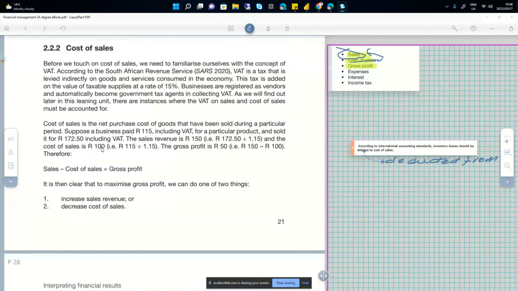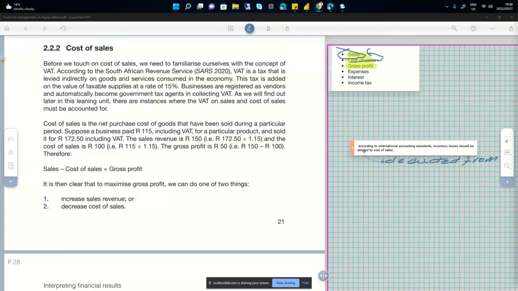So to know, if a particular product is sold, right? I think I'm back. Okay. So to understand, the gross profit that a company is making will be sales minus cost of sales.